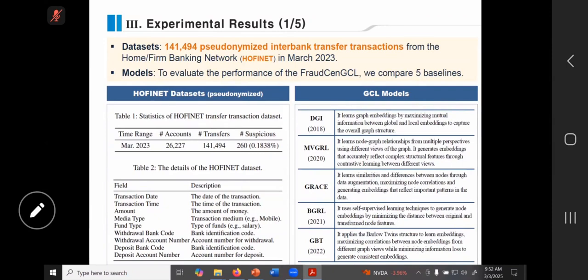There are many fields, including transaction date, transaction time, and amount. That is important because there might be some limit on the wiring. Then the media type, which means whether it is used in a mobile or web channel, and fund type, like whether it is used for salary to employees.